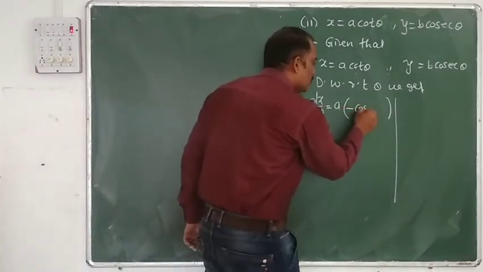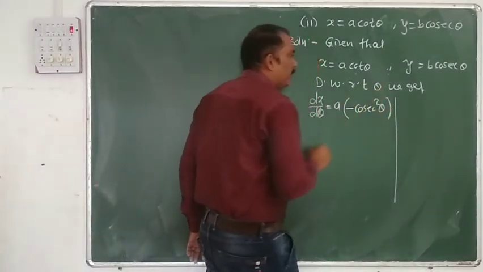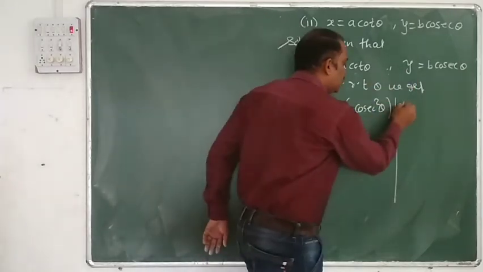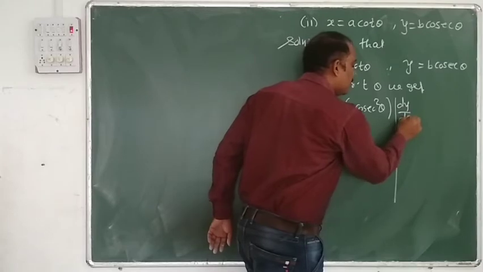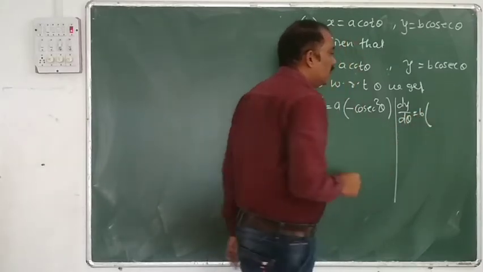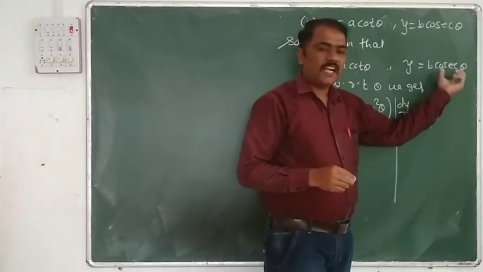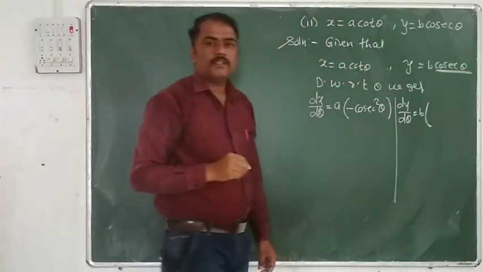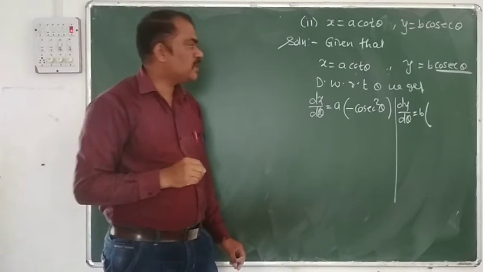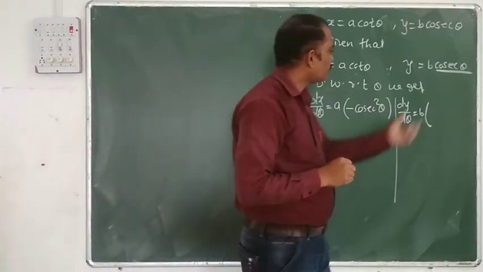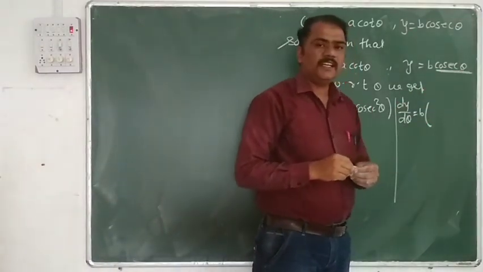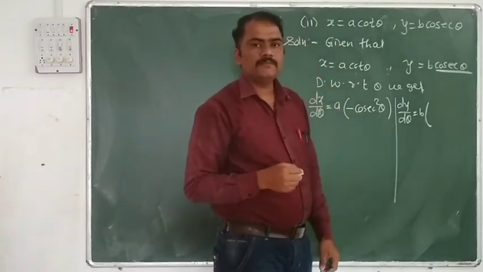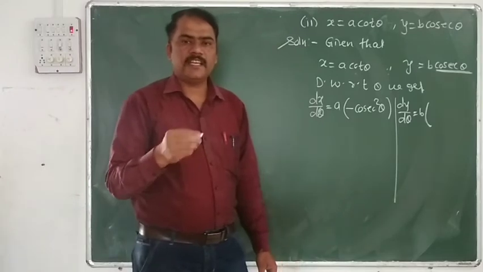Also we have to differentiate y with respect to theta, that is dy by d theta is equal to b into cosec theta, which is also a standard formula. What is the derivative of cosec theta with respect to theta? Think about that. Yes, correct.